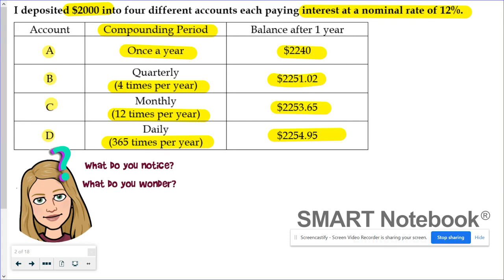Daily, $2,254.95. So basically, what I notice is that the more often my interest is compounded, the more money I'm making at the end of each year.